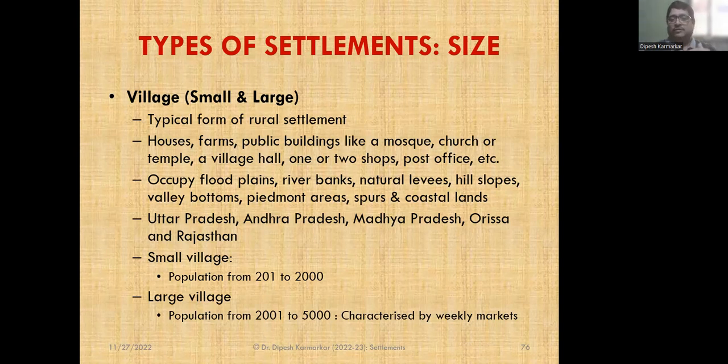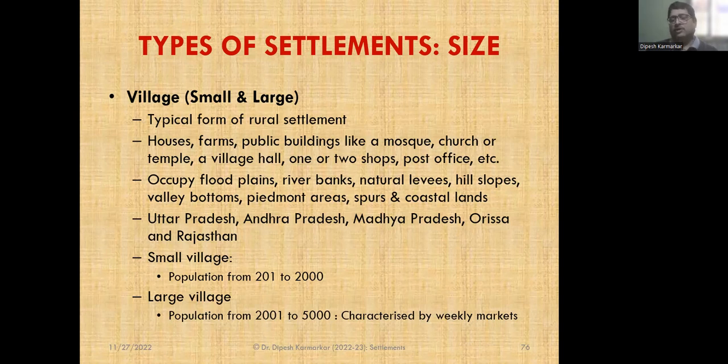So there are a lot of variations. As the criteria for what is rural and urban change country to country, they vary in terms of the number of people, the occupational composition of the people, or the population densities, etc. In this presentation, what we are referring to is largely what is considered rural or urban in India.